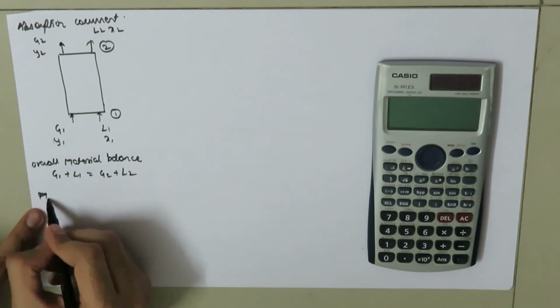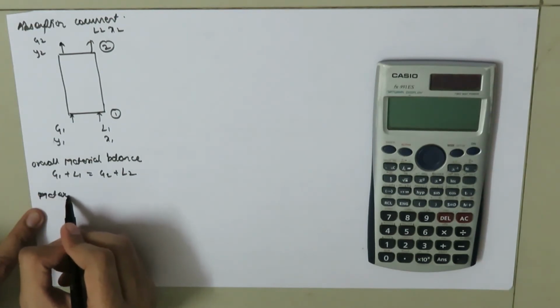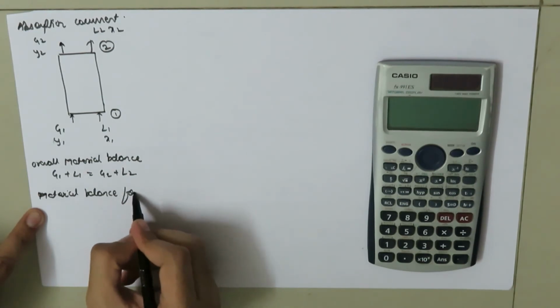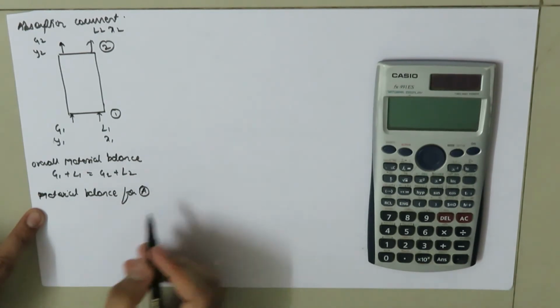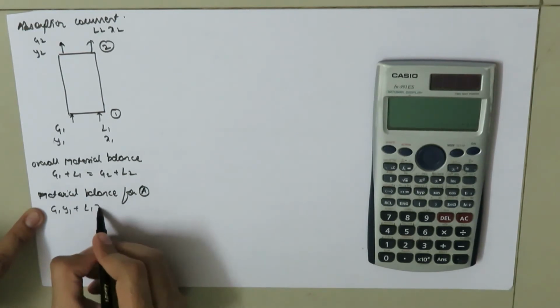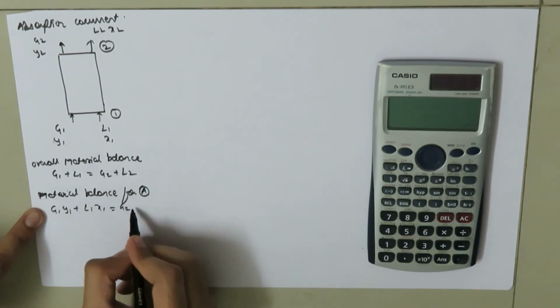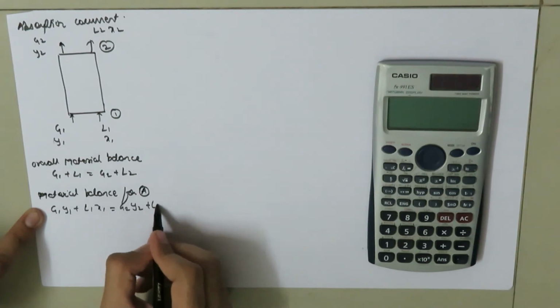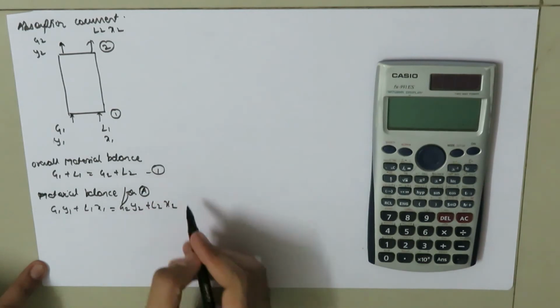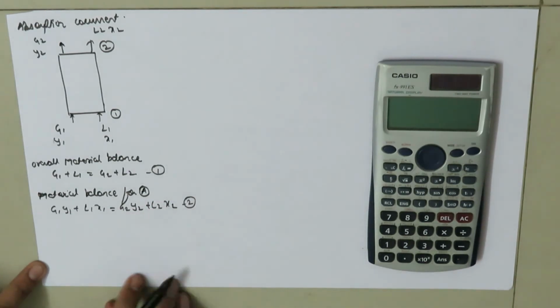And the material balance for component A, that is ammonia, is G1 times Y1 plus L1 times X1 equal to G2 times Y2 plus L2 times X2. Let's call these equation number 1 and equation number 2.